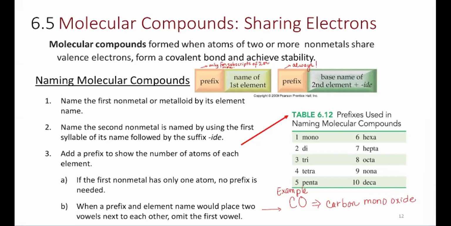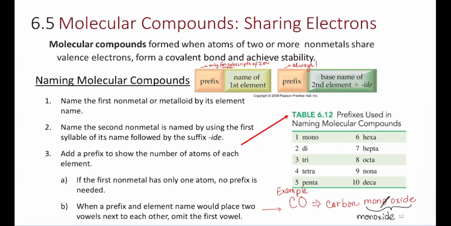So we are now going to write monooxide. Rule 3B establishes that we're going to omit the vowel, and this becomes one word. So this is monoxide. Okay, so the correct name for this is going to be carbon monoxide.